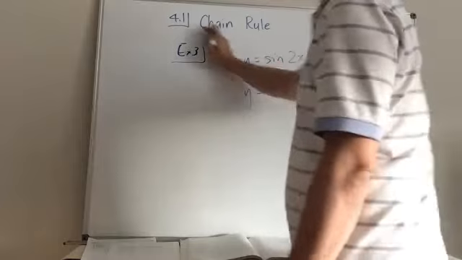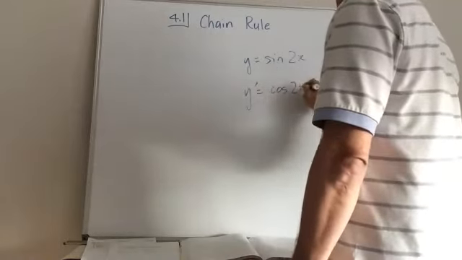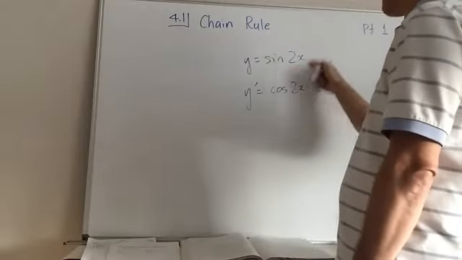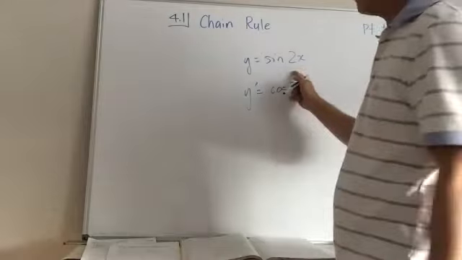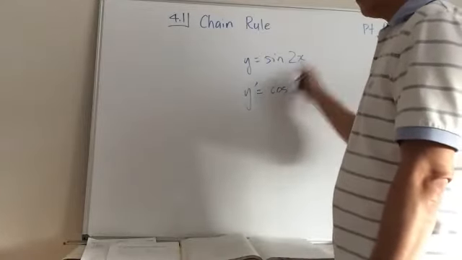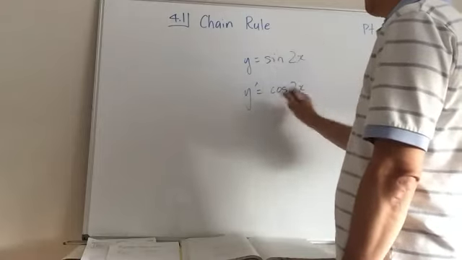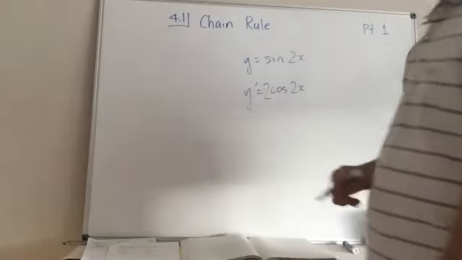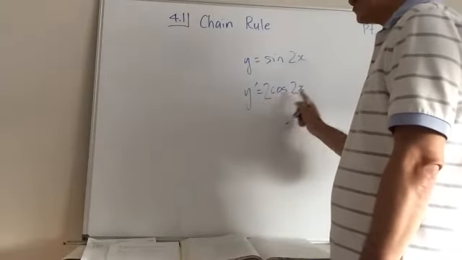The outside derivative is cosine 2x, but then I have to take the derivative of the inside. If there was just an x here, I would not need the chain rule. But since there's a 2x, I take its derivative, which is 2. So y prime is 2 cosine 2x.